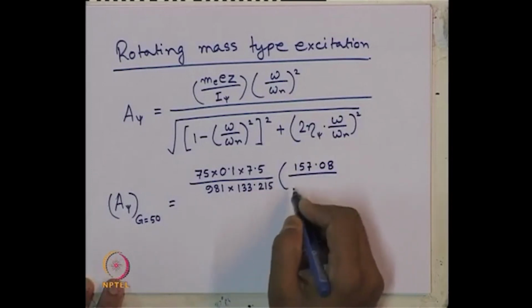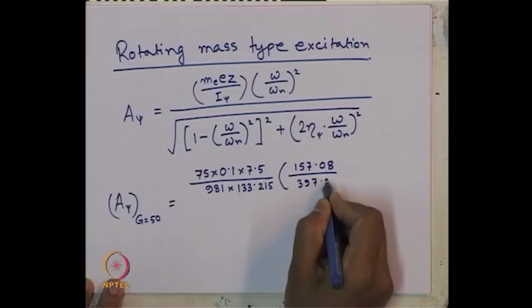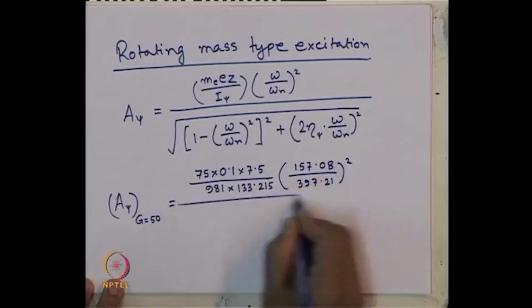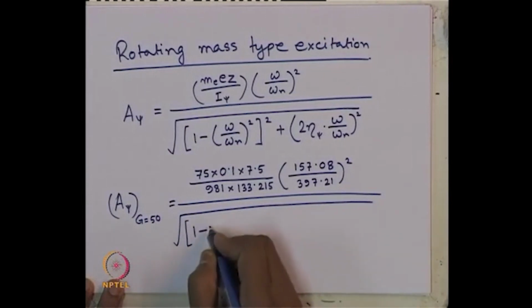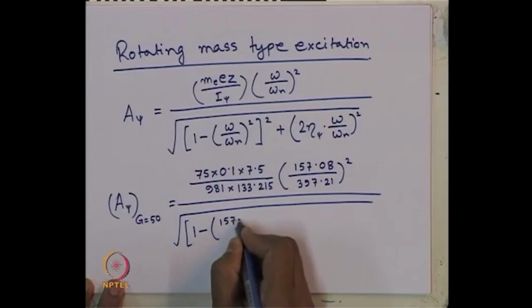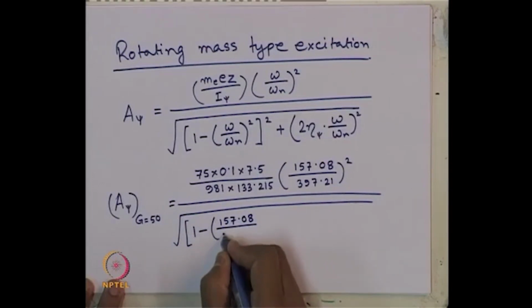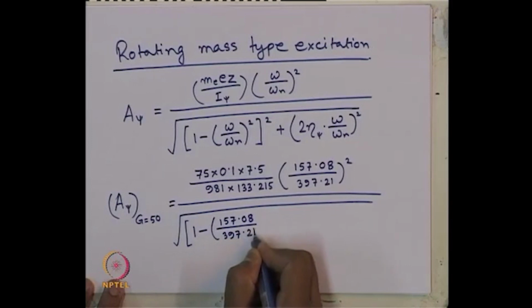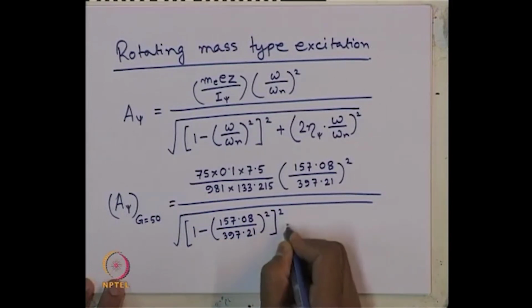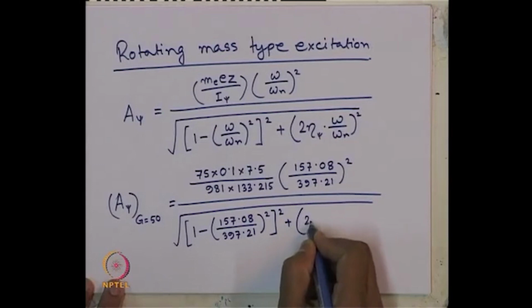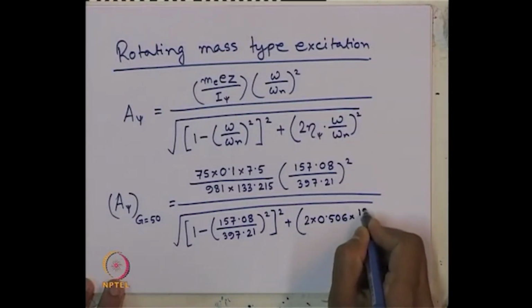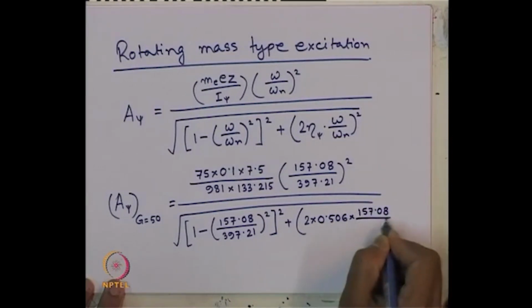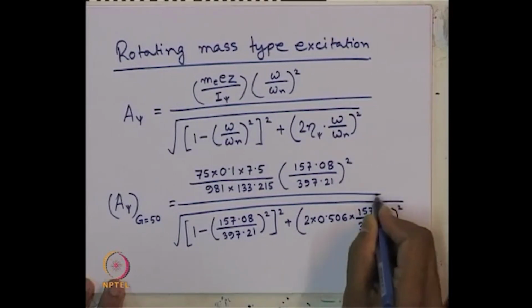Then 157.08 by 397.21 whole square, divided by root over 1 minus 157.08 by 397.21 whole square, that square, plus 2 into 0.506 into 157.08 by 397.21, that square.